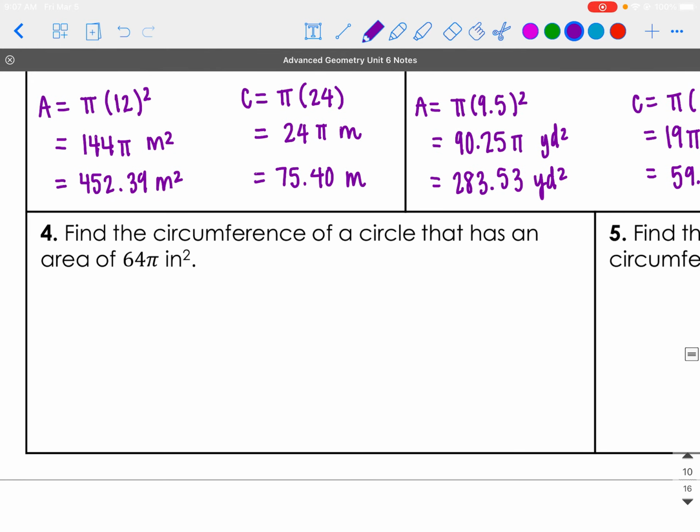So number 4 says find the circumference of a circle that has an area of 64 pi. So we know area is pi r squared.